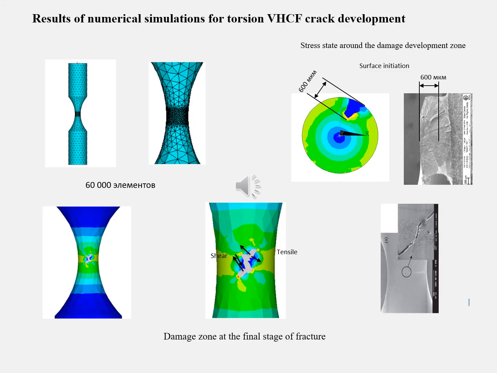In order to simulate the crack propagation in a torsion specimen, we prepared a numerical model with a very fine mesh in the working section of the specimen. Here it is loaded with pure torsion at the resonance frequency.